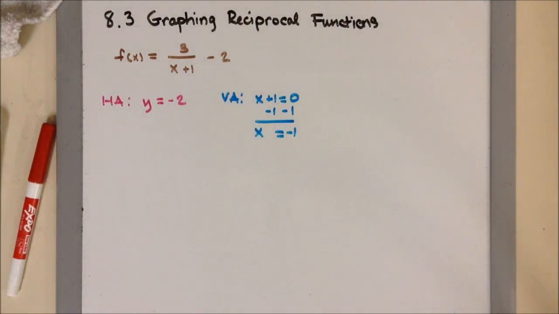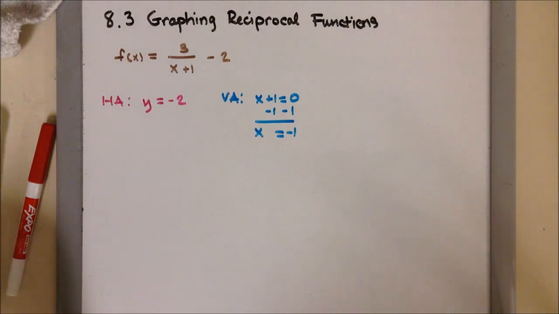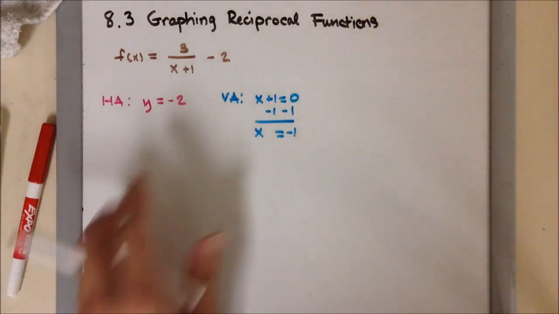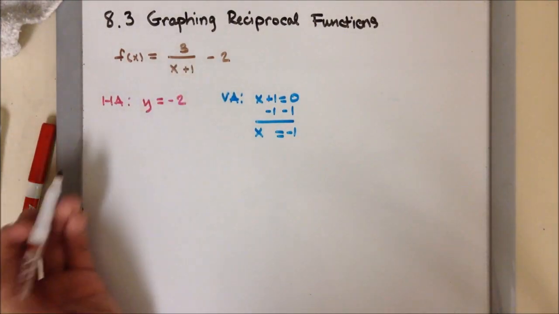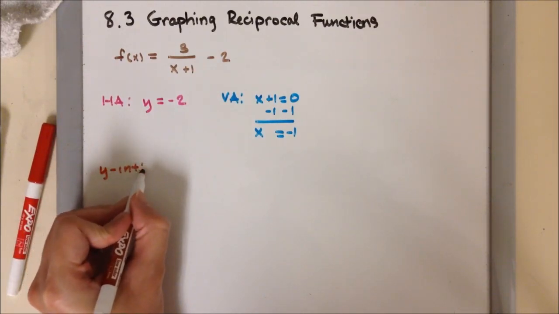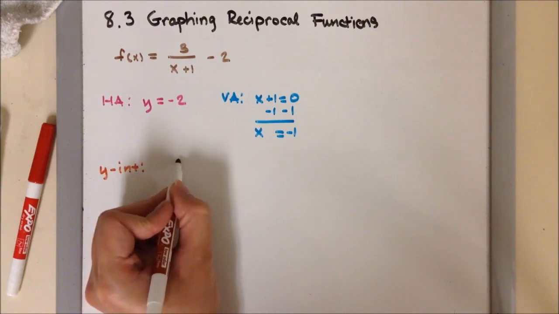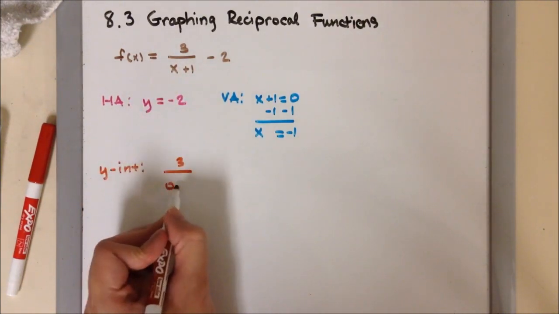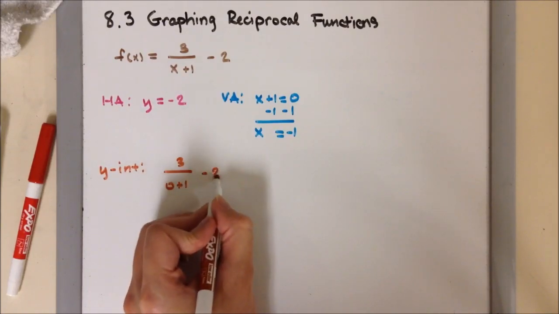Next, we're going to focus on finding the x-intercept and the y-intercept. Let me do the y-intercept first because it's a bit easier. For the y-intercept, you're basically going to plug in 0 for all the x. So it's going to be 3 over, instead of x plus 1, 0 plus 1, and then minus 2.